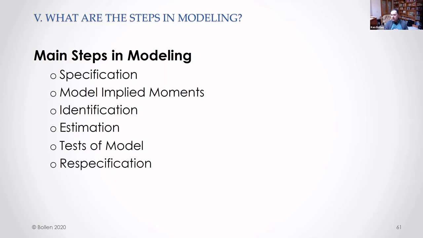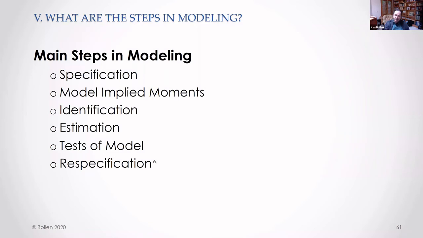Third, you want to make sure your model's identified. You want to make sure it's possible to find unique values for the various parameters you're trying to get at. Estimation talks about how to develop estimates of those parameters, regression coefficients, etc. And then test the model refers to diagnostics we have that provide us information on whether our model is a good match to the data that we're analyzing.